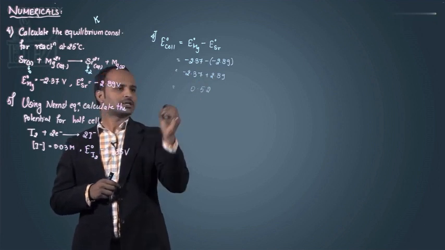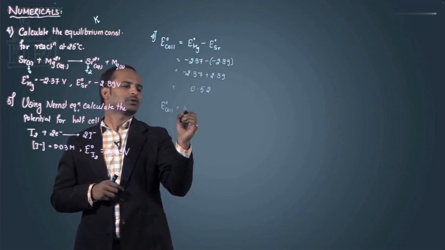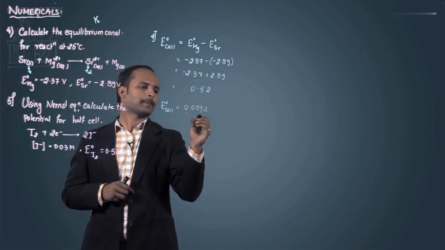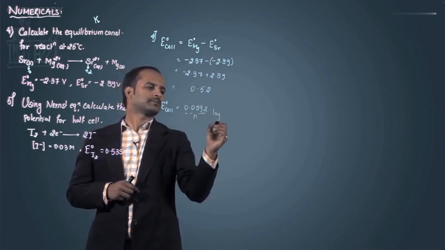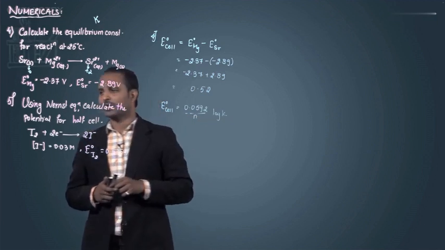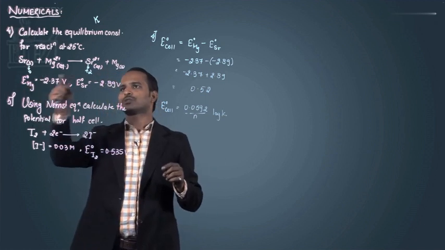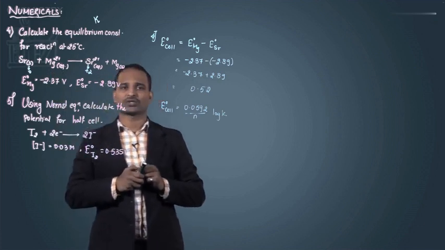So we got E naught cell. Once I have E naught cell, I will use the formula E naught cell is equal to 0.0592 upon n log of K. Here the total number of electrons: strontium is losing 2 electrons and magnesium is gaining 2 electrons, so total electron gain or loss is 2.